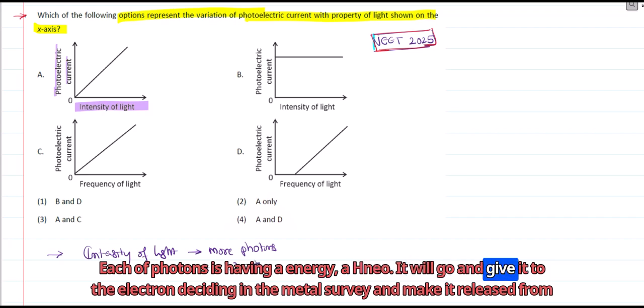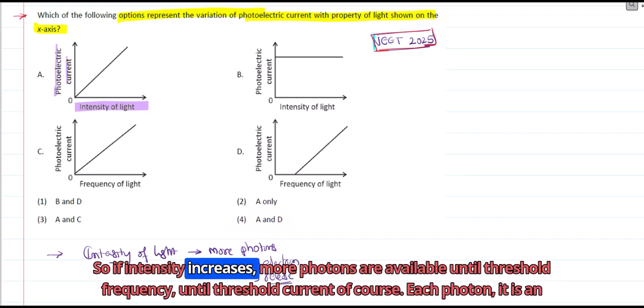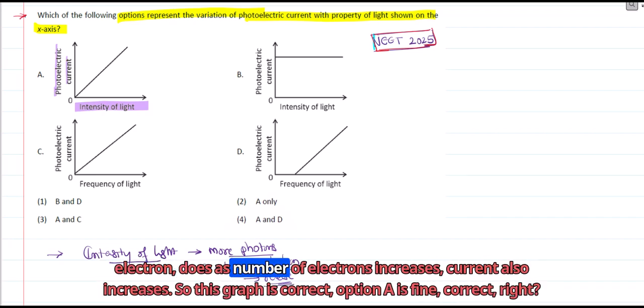It will go and give it to the electron residing in the metal surface and make it release from the metal surface. So if intensity increases, more photons are available until threshold current, of course. Each photon releases an electron, thus as number of electrons increases, current also increases. So this graph is correct. Option A is fine, correct, right?